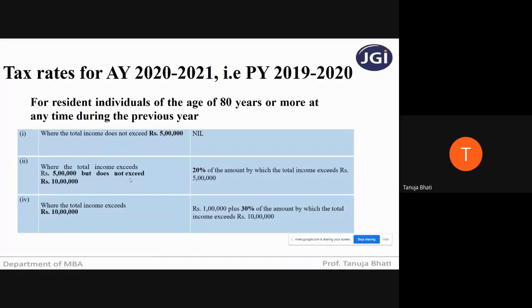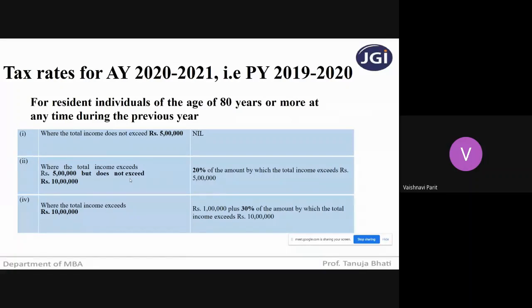Exceeding 5 lakh, up to 10 lakhs, 20% tax. Where the total income exceeds 10 lakhs, 30% tax. Have you all understood this slide? All you need to remember is the tax rates, because that is what you will be applying in your problems. Shall we proceed? Yes, ma'am.